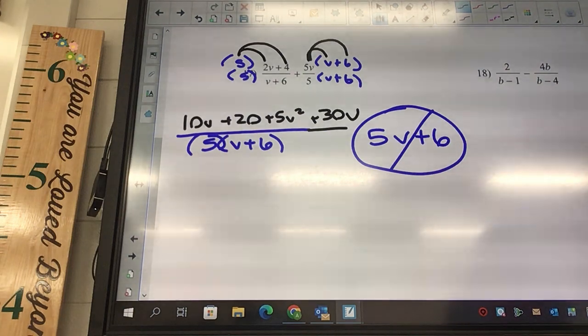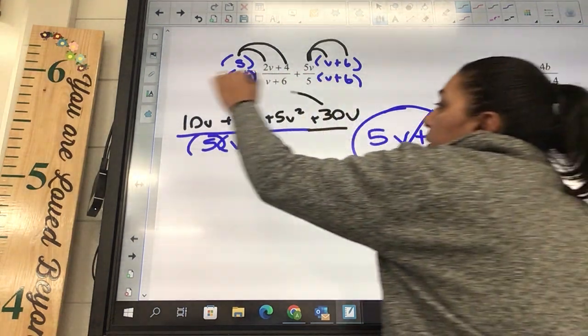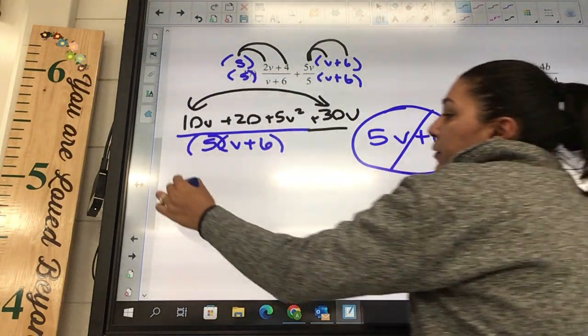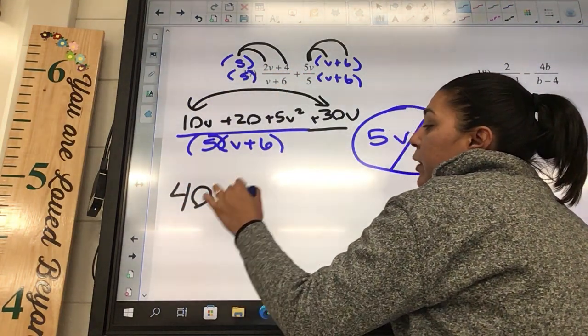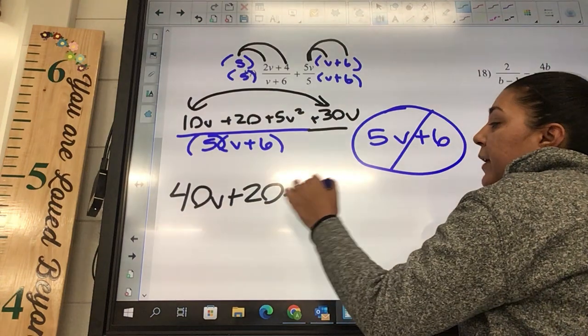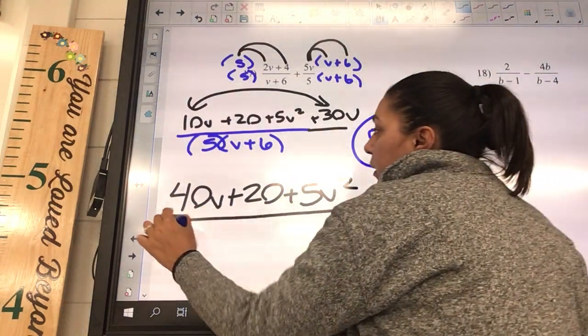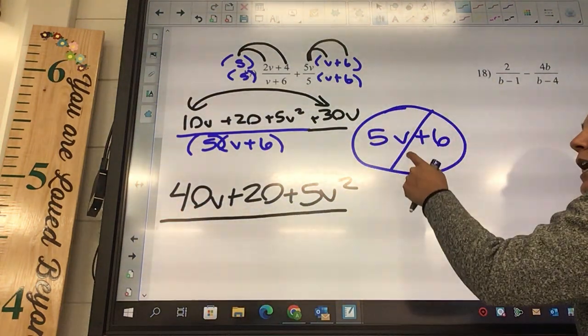Okay, and then the same way as the other ones, we look at this and say, well, what can we combine? 10b and 30b, good. And that's going to give me 40b plus 20 plus 5b squared all over. And again, this is not allowed.